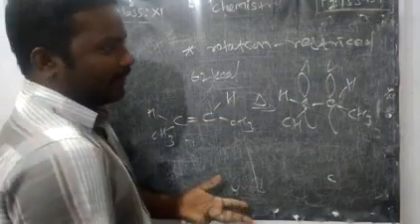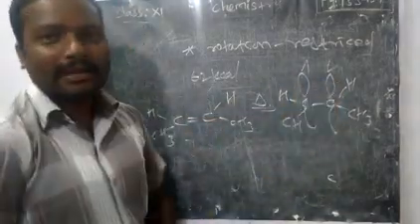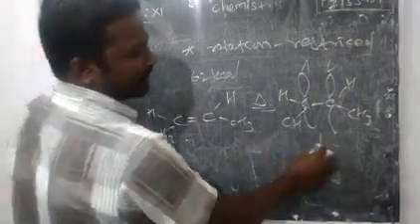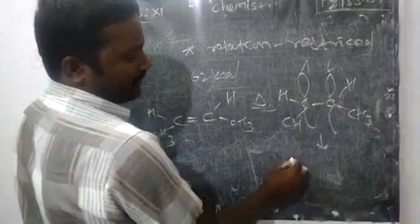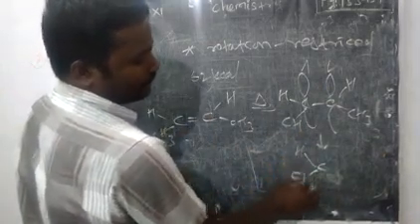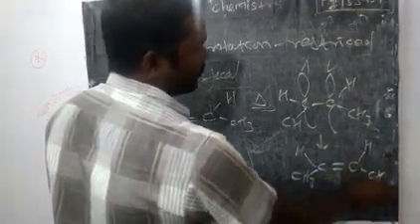Now what will happen? If you cool, it may again form one compound. For example, if you cool directly, we will get the same compound, CH3 double bond CH3.